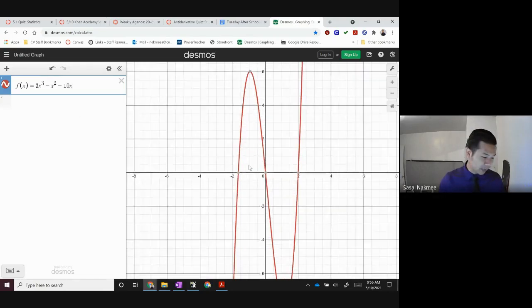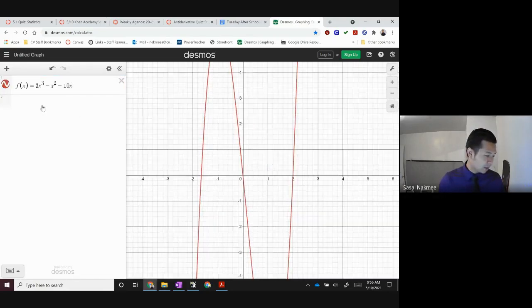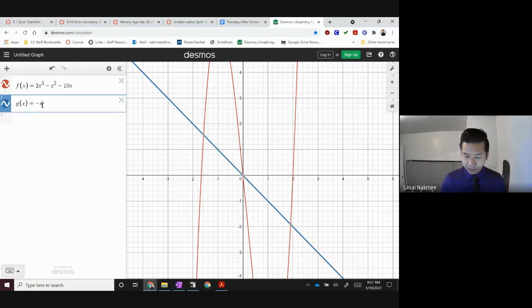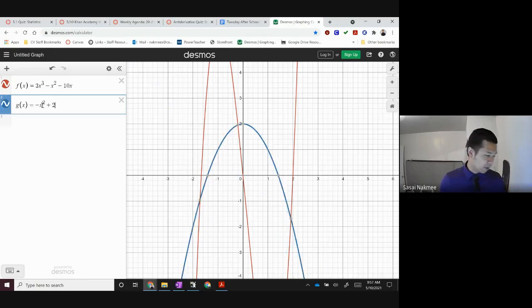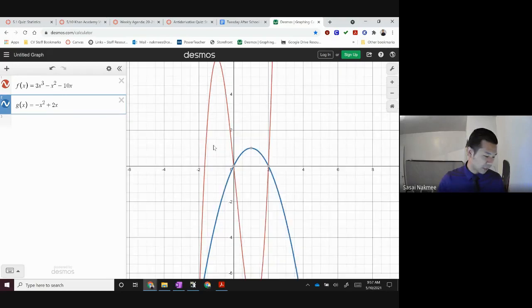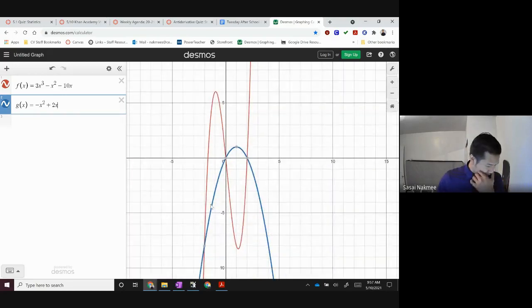Let's zoom in a little bit there so we can get that going. And then g of x is going to be right here. Let's do that in blue, and let's make g of x equal to negative x squared plus 2x. Like that. So let's see here.